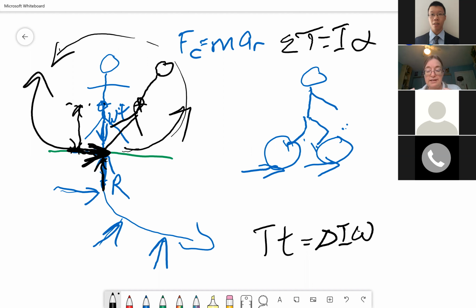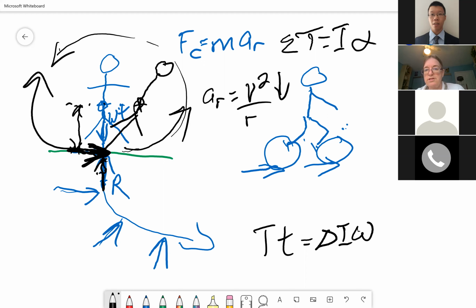It creates a second torque in the opposite direction because the reaction force is no longer pointing directly at the center of gravity. So what we do, and we are probably not aware that we're doing it, if we're going around a curve, we slow down because, of course, a_R equals V squared over R. So the lower V is, the smaller a_R is, which means the less centripetal force we need.